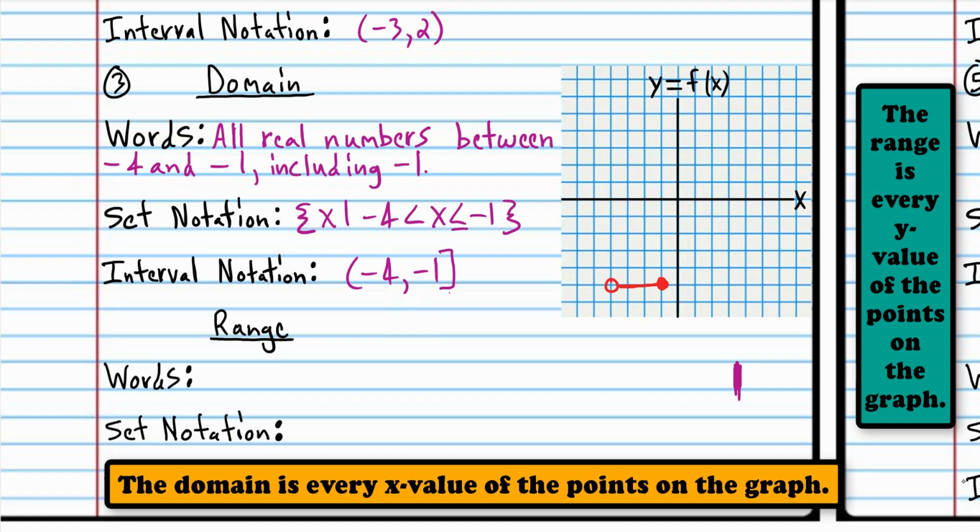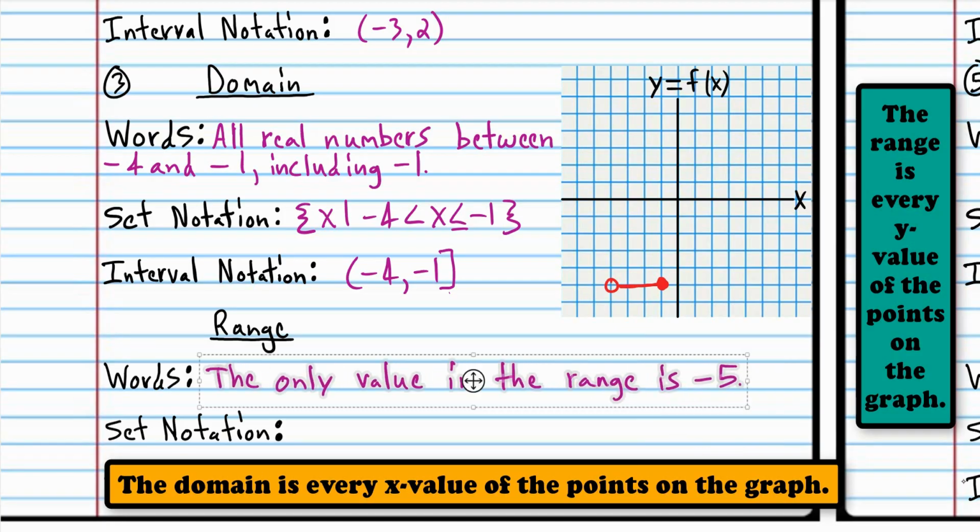Now, to find the range, we look at all the y values of the points on this function. But all the points on that graph have the same y value, -5. So the only value in the range is -5.